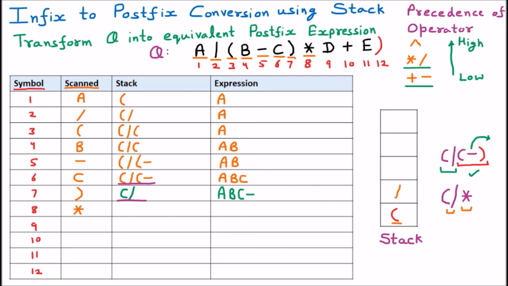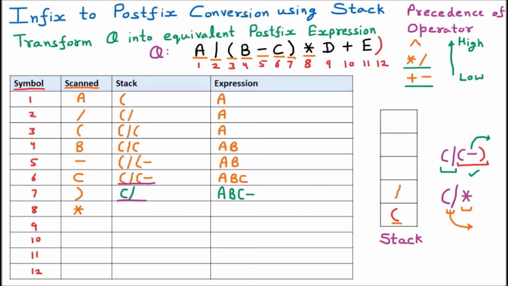Now star is the operator which is coming here and this one is having the same precedence as the slash. Remember one thing, whenever the operator which is coming onto the stack is having the same precedence or the low precedence, then previous operator will come out from the stack.